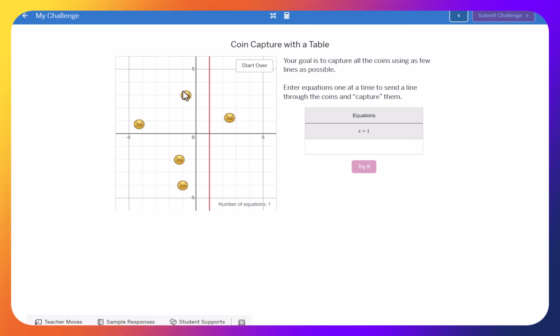I think I can do another vertical line here where x equals -1. And for the last one, I'm going to do a horizontal line. My horizontal line is going to start with y equals, and it looks like it passes through the y-axis here at +1. And there we go.